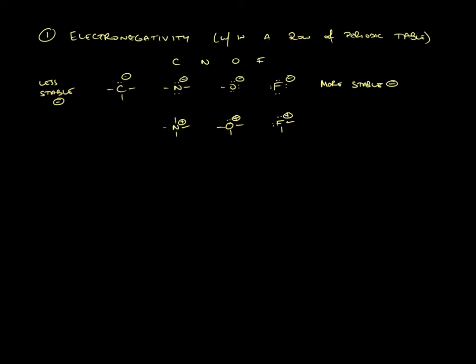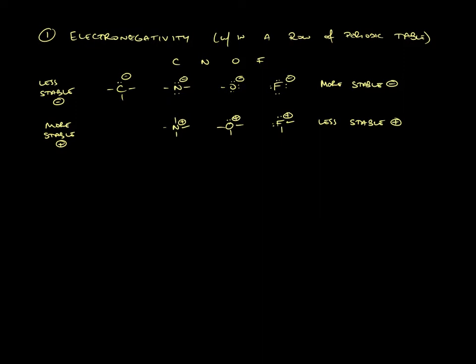Therefore, it really doesn't like to have electrons stolen away from it. So the F plus would be the less stable cation, or plus charge, and the N plus would be by far the more stable plus charge. All right, and so that's the trend for electronegativity.